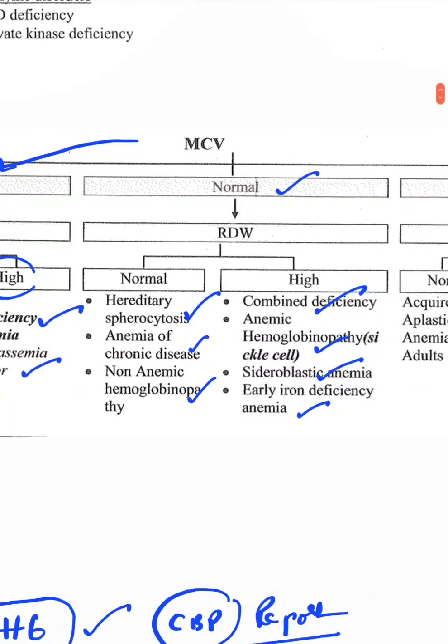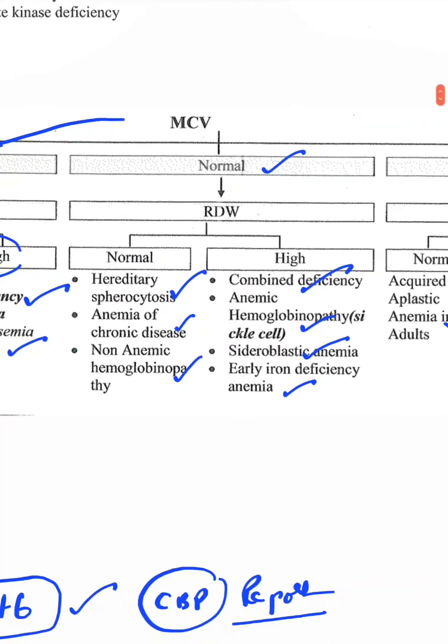If MCV is normal and red cell distribution width is high, we consider combined deficiency, anemic hemoglobinopathy such as sickle cell anemia, sideroblastic anemia and early iron deficiency.